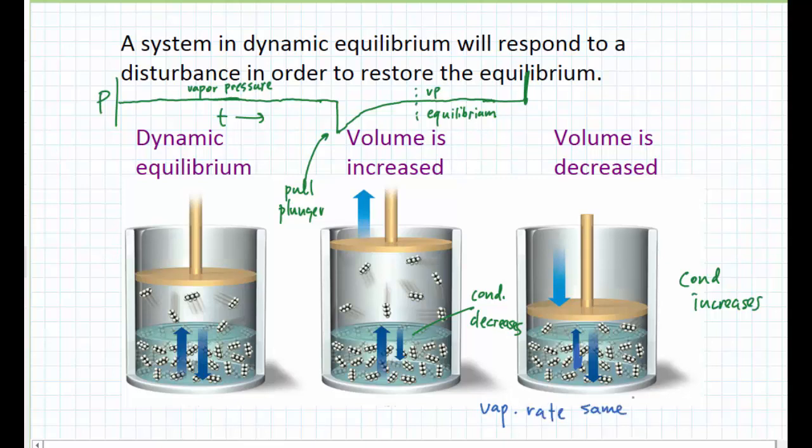That just depends on the liquid. Condensation increases. So now all of a sudden we've got a whole bunch of gas that's right there. We're going to have a lot of condensation happening until we reestablish that equilibrium again. Let's try that a little better, like that. See that? Vapor pressure.